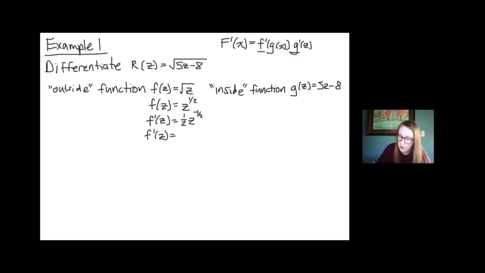So that's going to leave 1 in the numerator. The 2 from the 1/2 is still in the denominator. And then the z moves down to the denominator, and that makes the negative 1/2 power a positive 1/2. Okay, we could go one step further and say 2 square roots of z in the denominator.